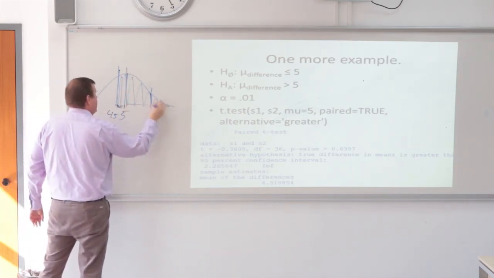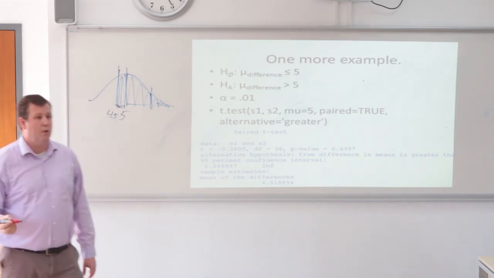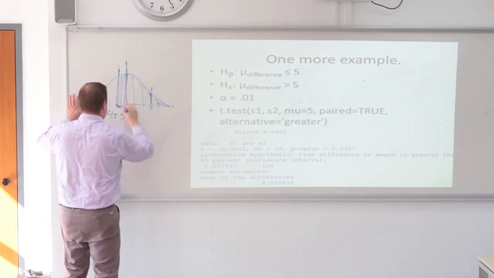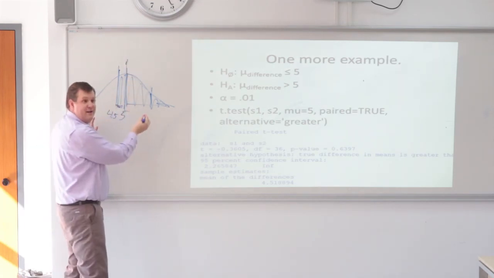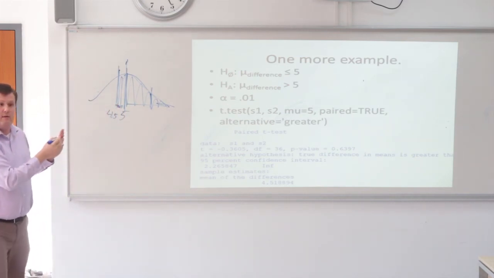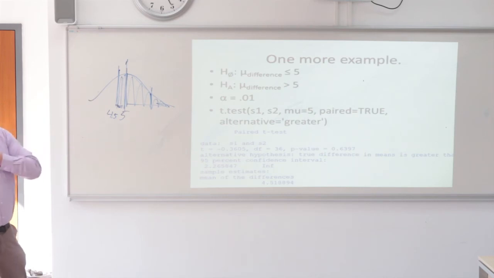This part here should be just this part, 0.5, right? But we're on this side, so it should be greater than 0.5, right? And was it? Yeah, 0.6397. Okay, that p-value does make some sense.